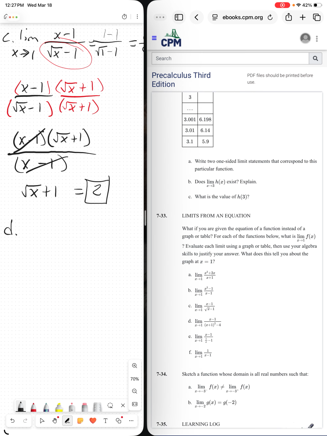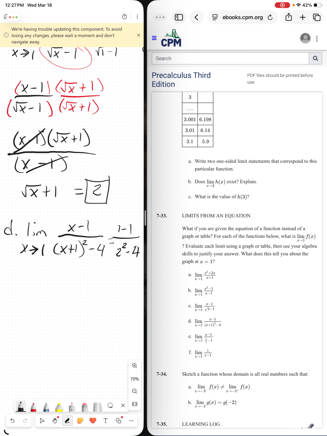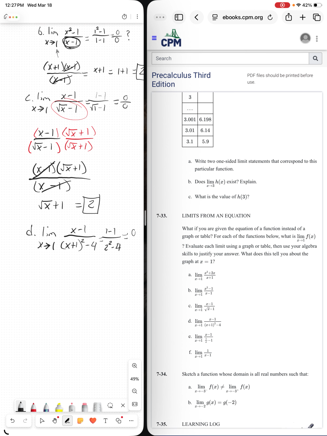Okay, looking at D, the limit as x approaches 1 of x minus 1 over x plus 1 squared minus 4. So again, plug in: 1 plus 1 is 2, squared minus 4. Again, going to get 0 over 0. So got to do something. So can we factor?